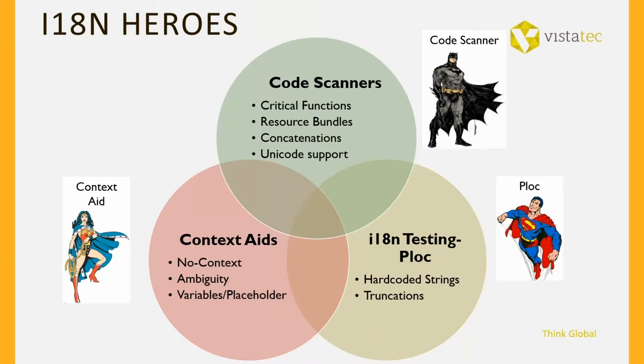If you remember, we had Content Hide, we had Code Scanner, and we also had PLOG, or pseudo localization, which are the tools that developers and project managers have, and also software engineers in localization, to fight against those villains that we know so well.